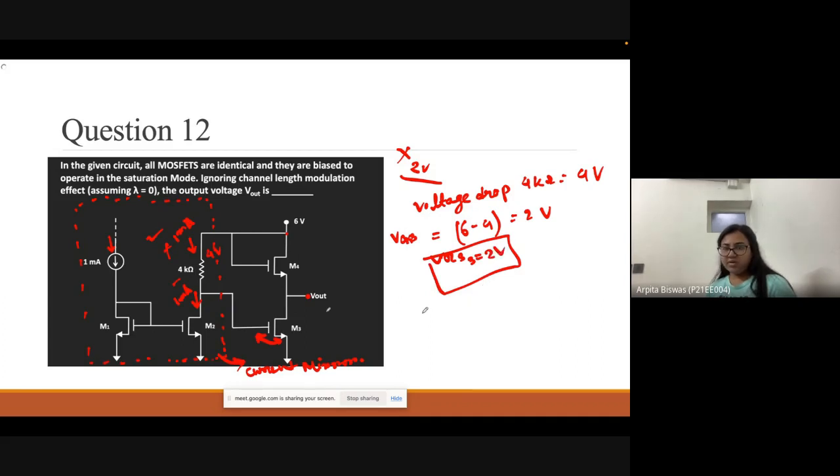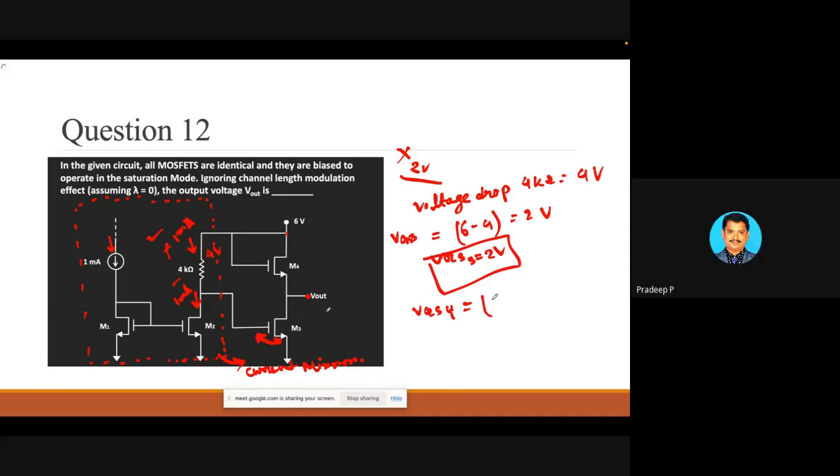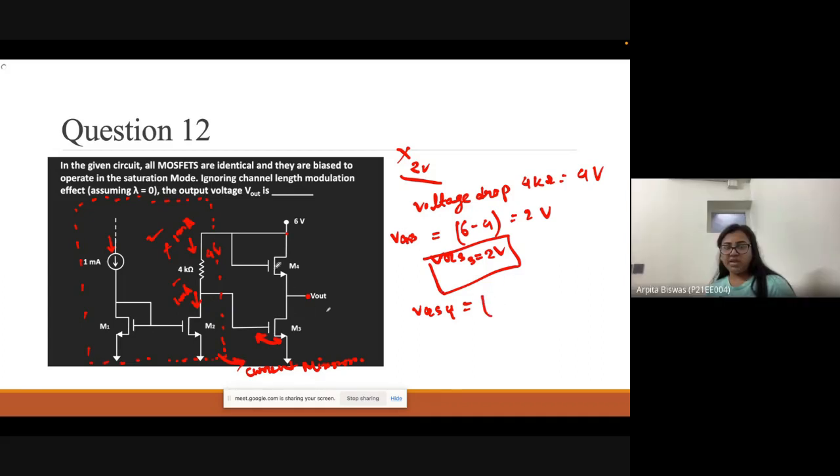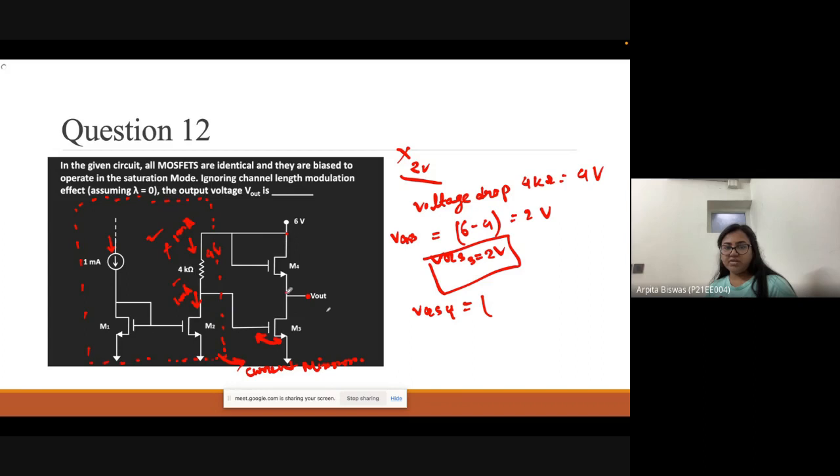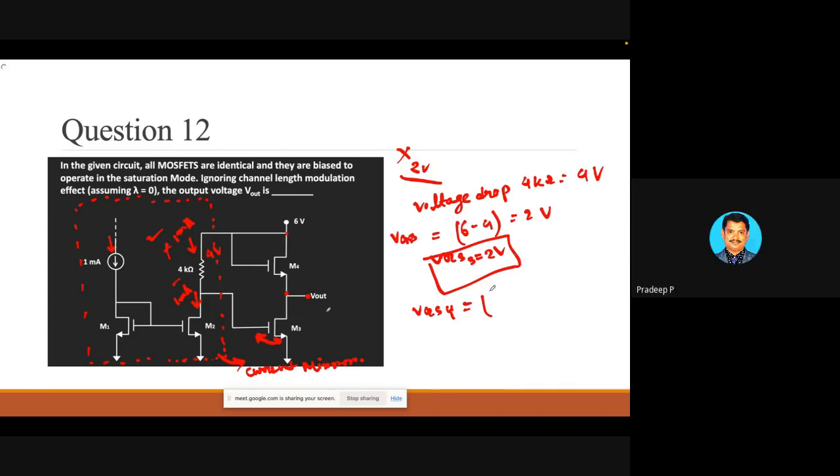Now tell me, what is the VGS4 value? That is 4 volts only, madam.